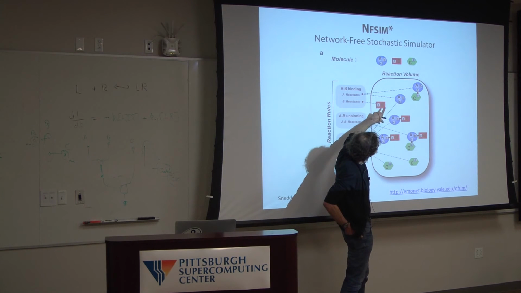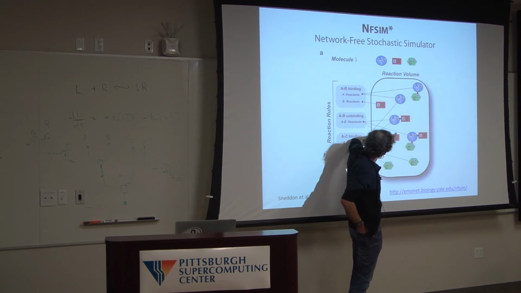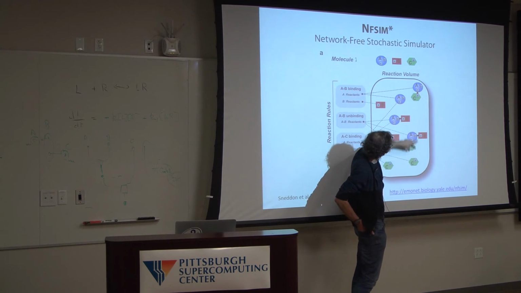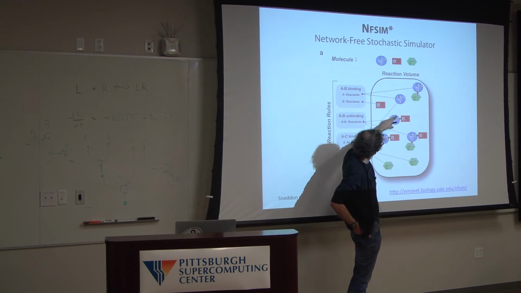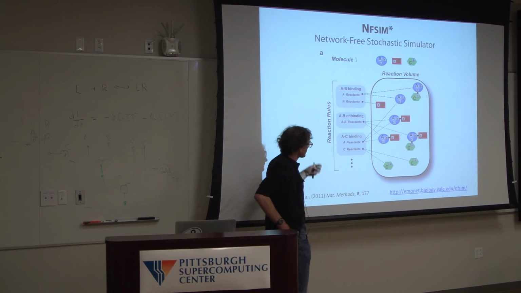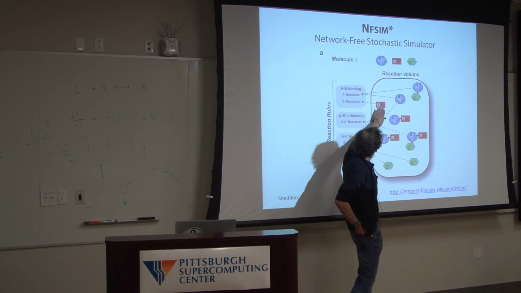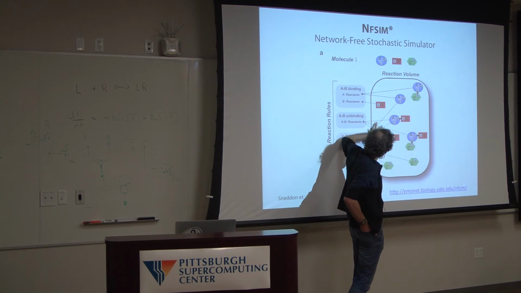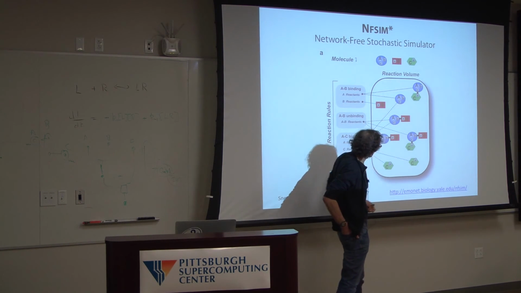At each step, we apply the rules to determine what things can react with what, and we pick one of those events to advance our simulation to the next step. So the idea here is we're combining a discrete event simulation with an instantiation of our molecular network.